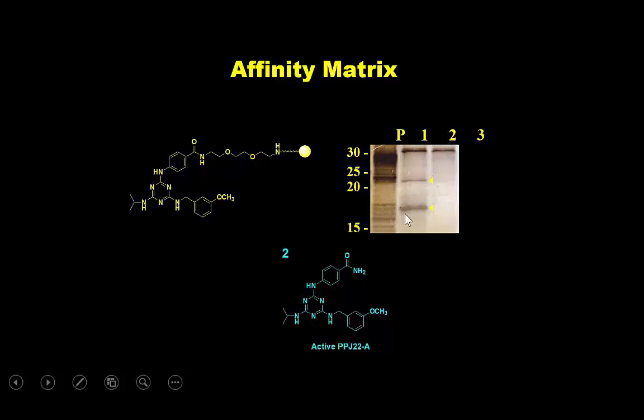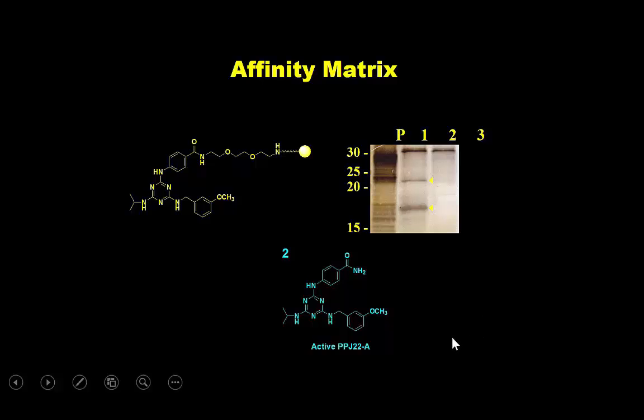So compared to the first one, this band and this band disappeared. What does that mean? Now we have proteins A, B, C, and which one is the real target protein to this molecule? Is that A or B and C? Yes, it should be B and C, because the target proteins bind to this active motif and have less chance to bind to this affinity matrix. That's why they disappear in this case.